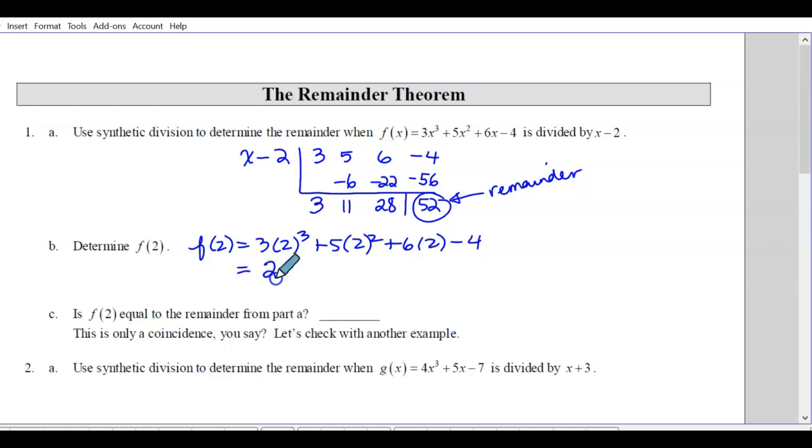Of course, 24 plus 20 plus 12 minus 4 equals 52. So is f of 2 equal to the remainder from part A? Yes. Is this a coincidence? Let's check with another example.